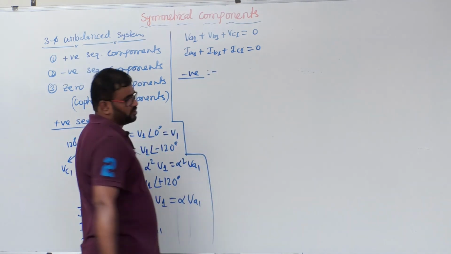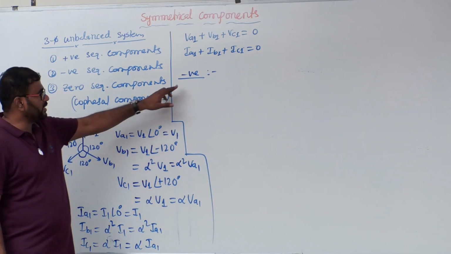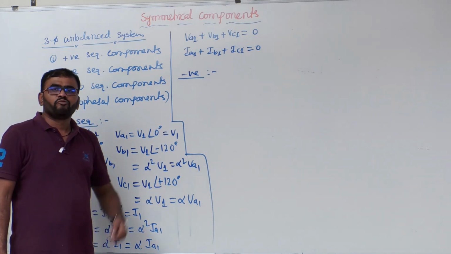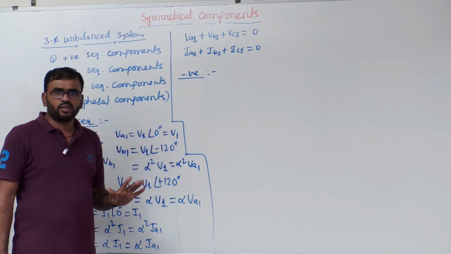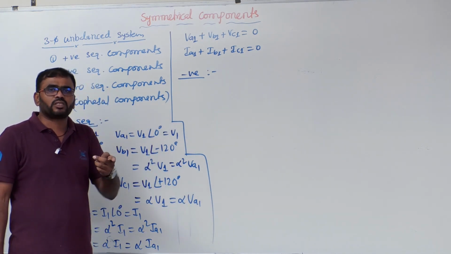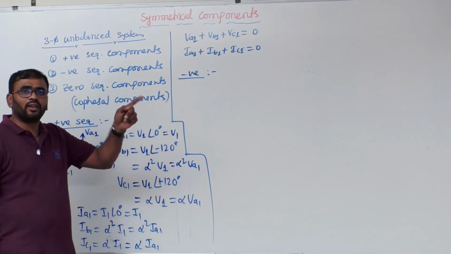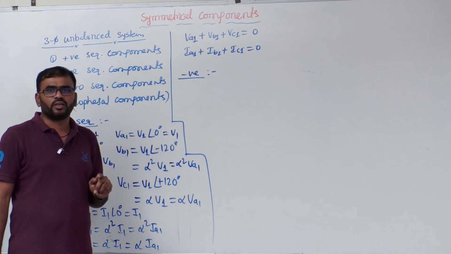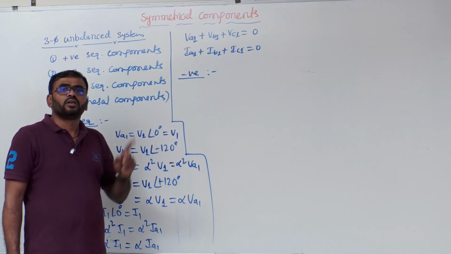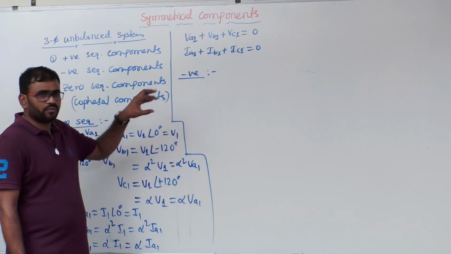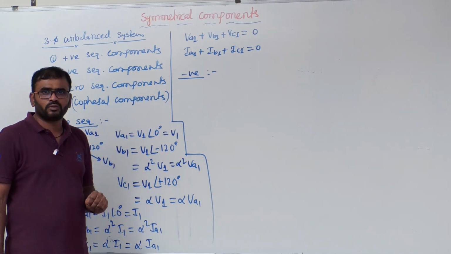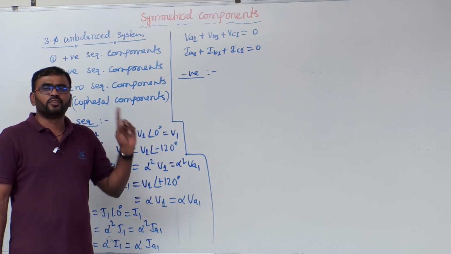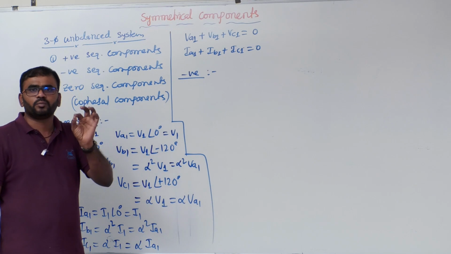So negative sequence means, again, it consists of 3 phasors equal in magnitude, phase displaced by 120 degrees, but having a phase sequence opposite to that of original balanced phasors. What is the original balanced phasors phase sequence? ABC. But here, what is the phase sequence? ACB. That means the phase sequence is not ABC, the phase sequence is ACB.